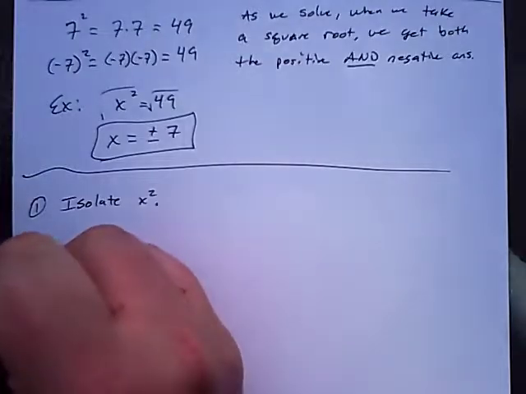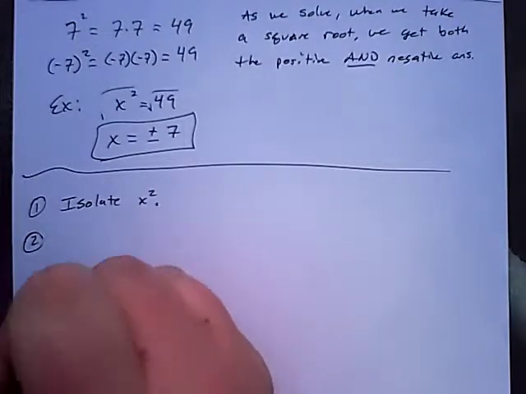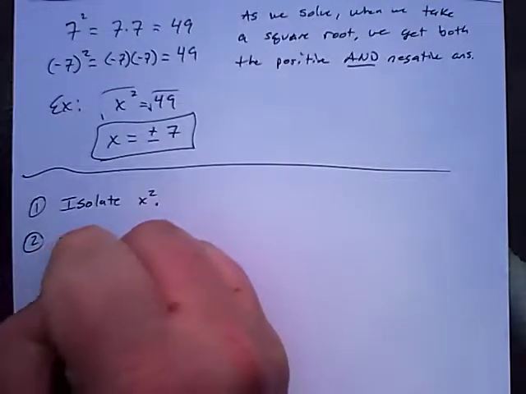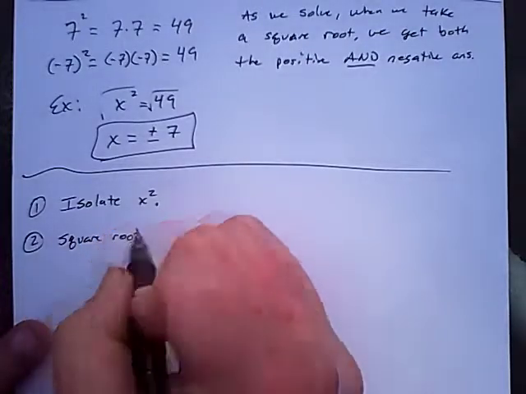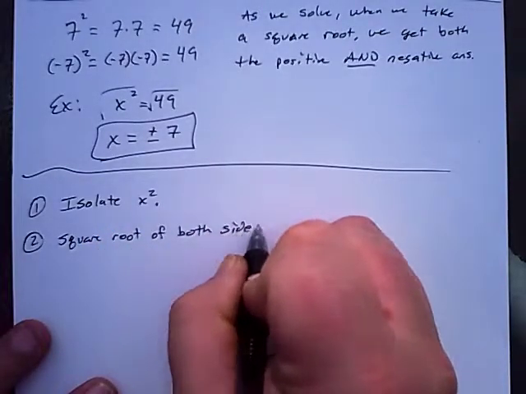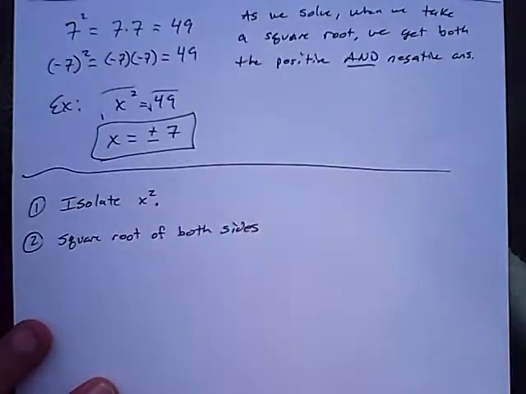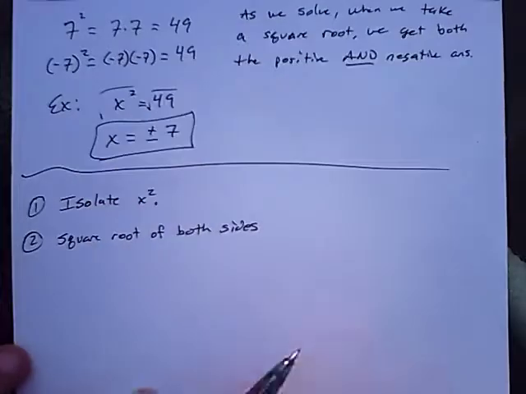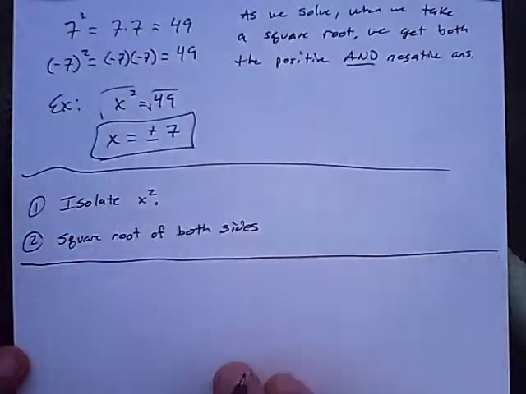You'll see what I mean in a little bit. Then once we get to that point, we're going to take the square root of both sides, and that really is as far as we're going to take it.